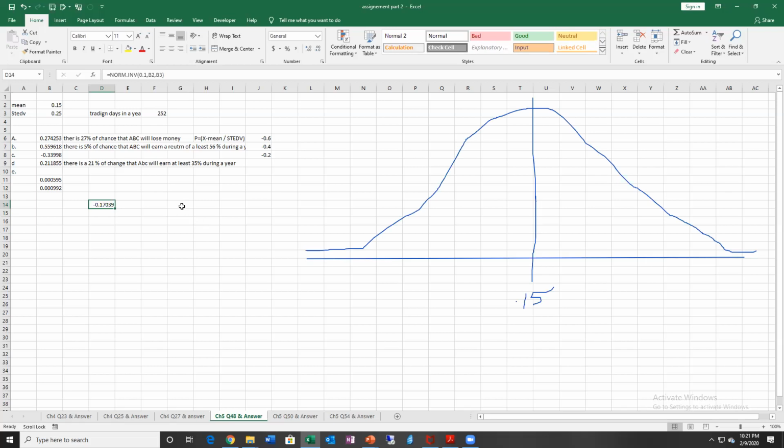There is a 10% chance that ABC will earn a return of less than or equal to what value during a year. So a 10% chance, right? So anything here is 50%, correct? Correct.